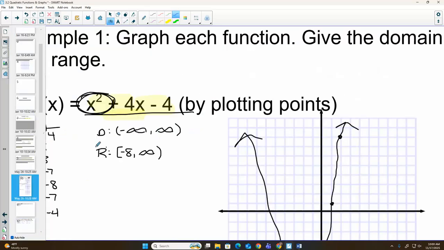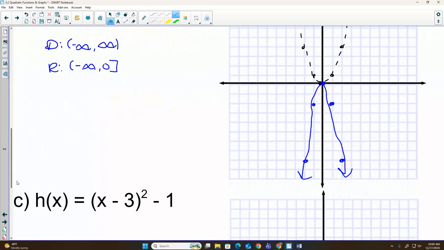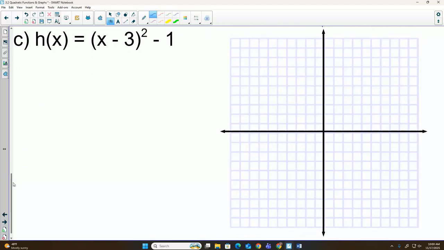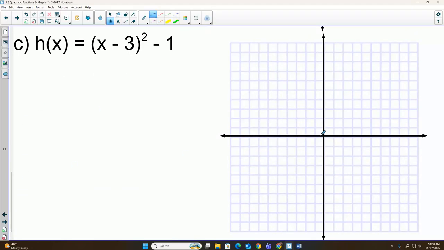Let's look at C. So we could do this one by transformation. What's my parent function? X squared. 0 squared is 0. 1 squared is 1. 2 squared is 4. Negative 1, 1, negative 2, 4.